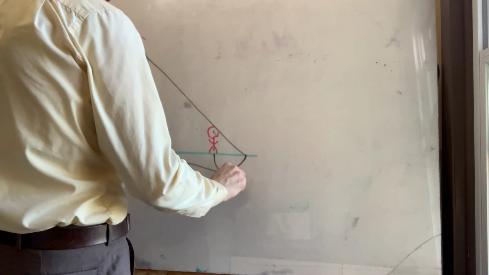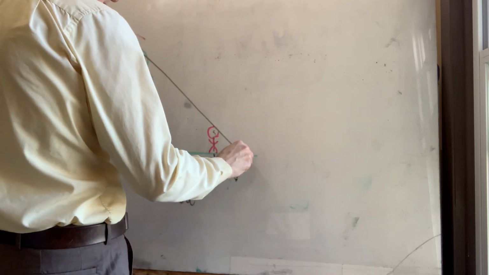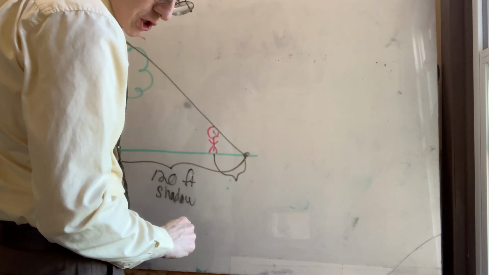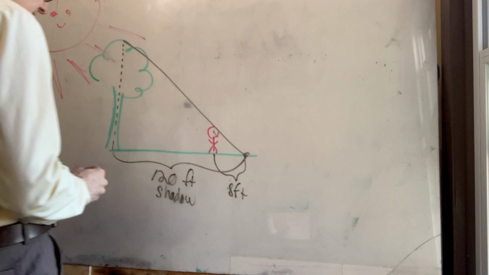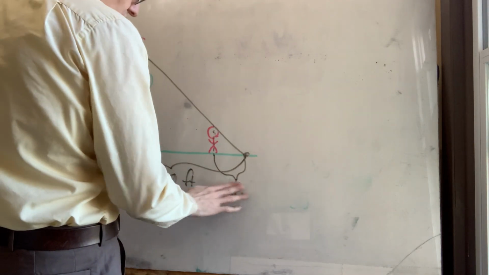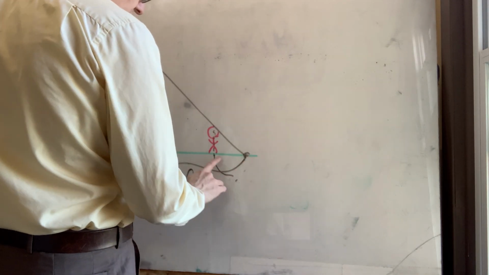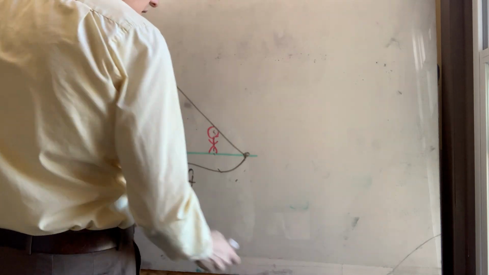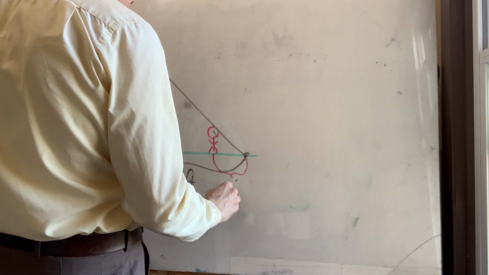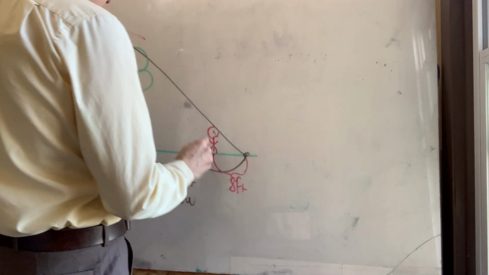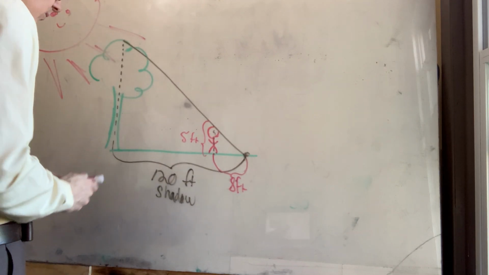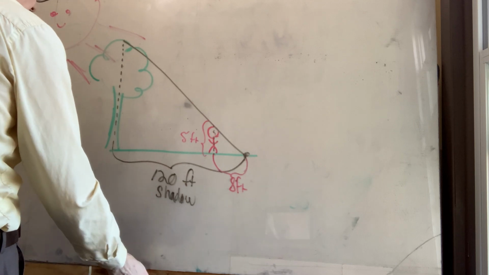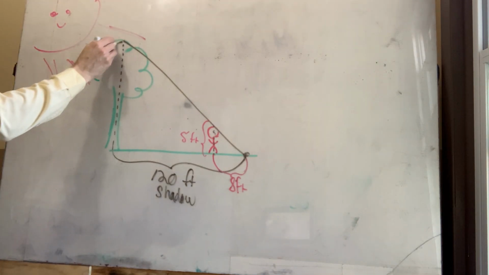The shadow length from here to the same point, that is the shadow cast by the person, is 8 feet. Now simultaneously, the height of this person is apparently 5 feet, and what we're actually after is the height of this tree.